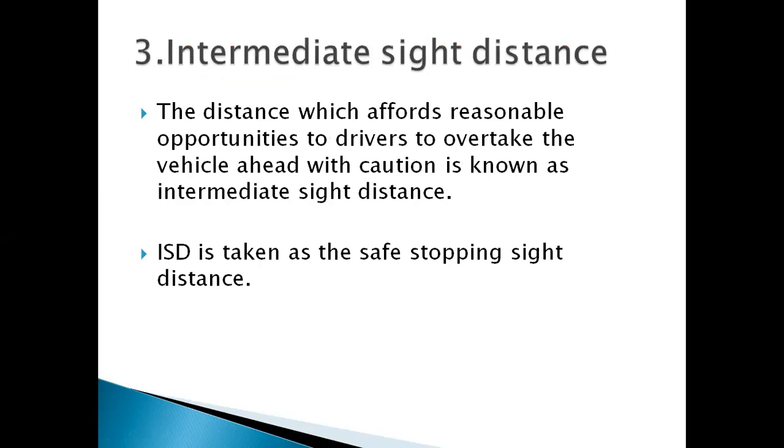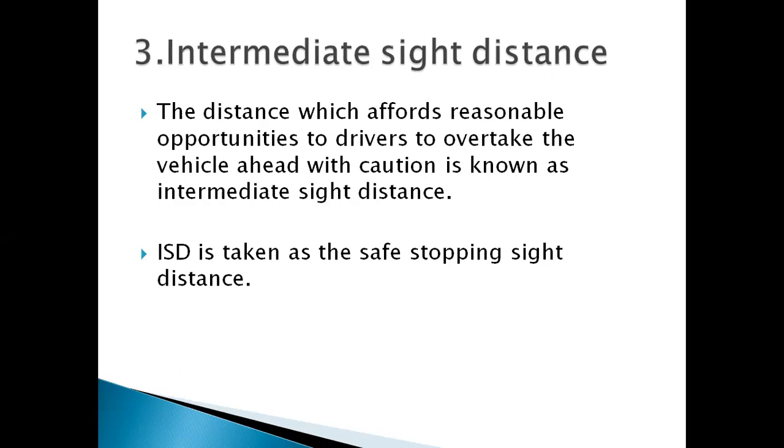Now we are going to see the third type of sight distance, the intermediate sight distance. What is the intermediate sight distance? The distance which affords reasonable opportunities to the driver to overtake the vehicle ahead with caution is known as the intermediate sight distance.